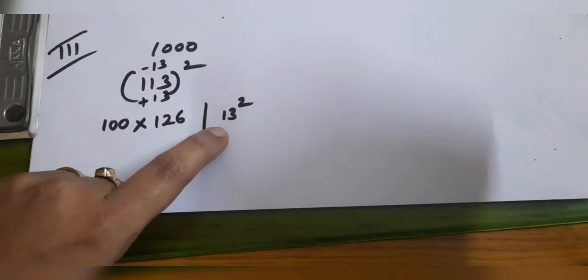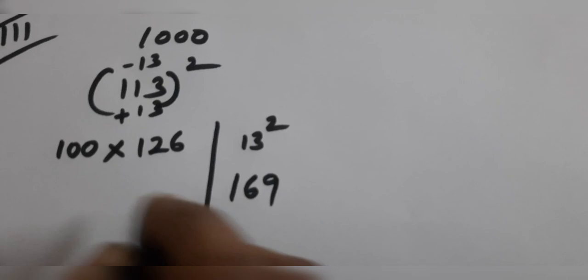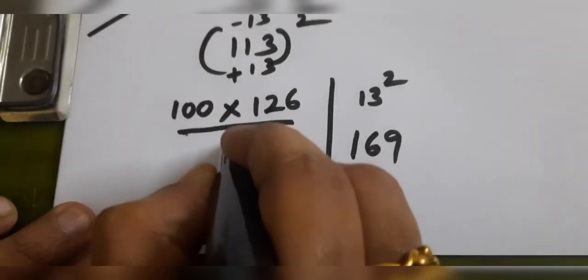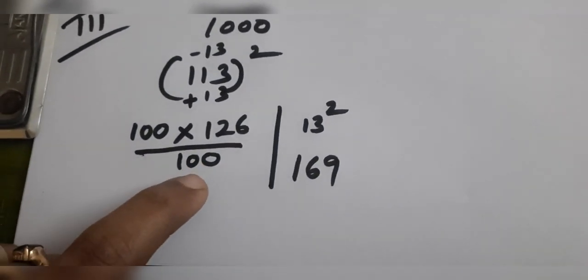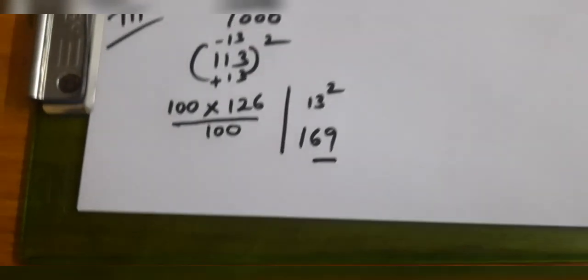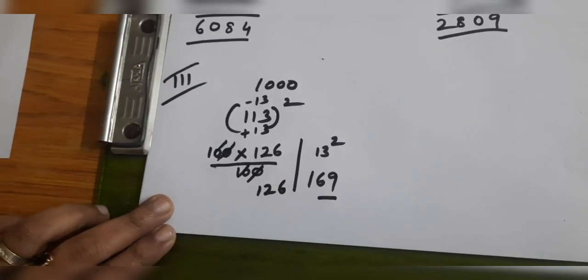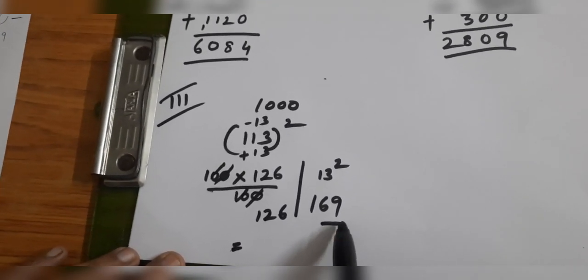Next you have to find 13 square. Why I am taking 13 square is because I have subtracted 13 and added 13. 13 square is 169. Now I have to divide this by 100. Since we are dividing by 100, which has 2 zeros, we have to take the last 2 digits, so the last 2 digits is 69.